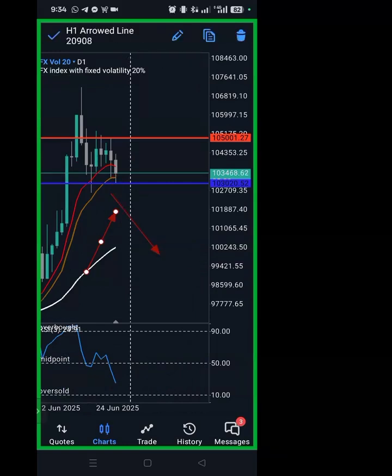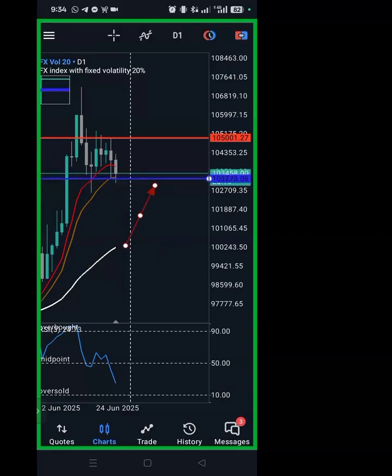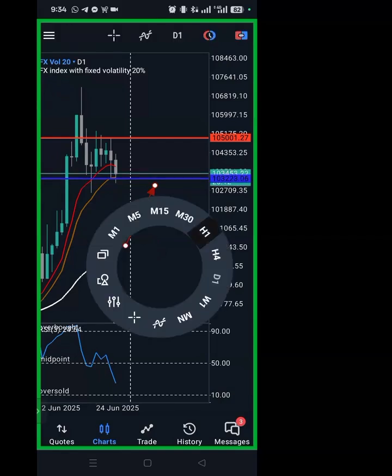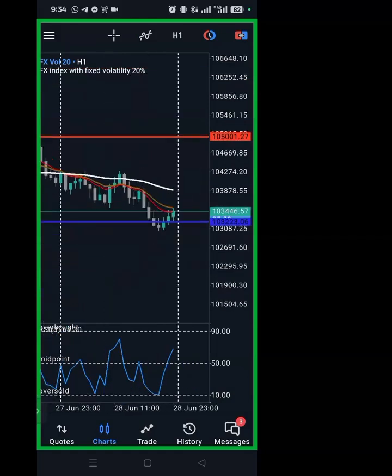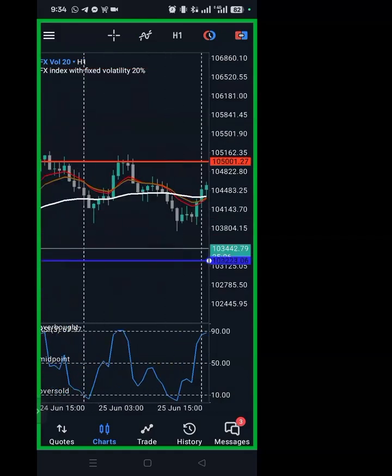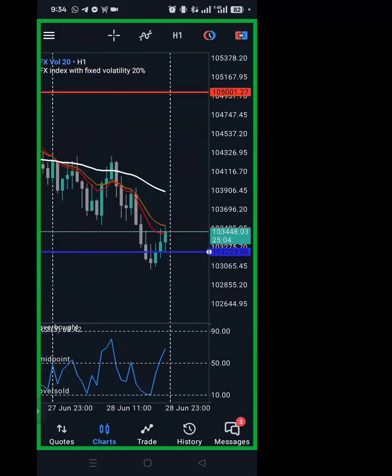Sorry, I need to delete some of these tools. I didn't lock that horizontal line, so I need to lock it. So coming back to 1 hour, what is this tool now? Whenever I come back, this thing is always unlocking.